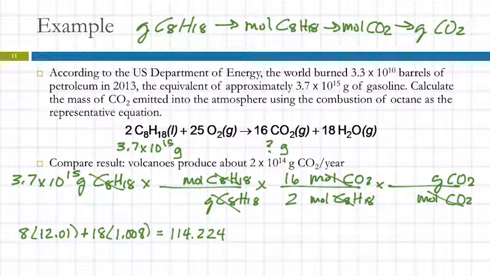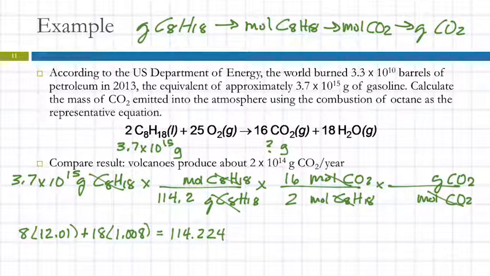So you could round that to 114.2, or you can write the whole thing. It's not going to hurt anything. Because we're starting with two significant figures, and we're going to end up with two significant figures. So 1 mole of octane weighs 114.2 grams.